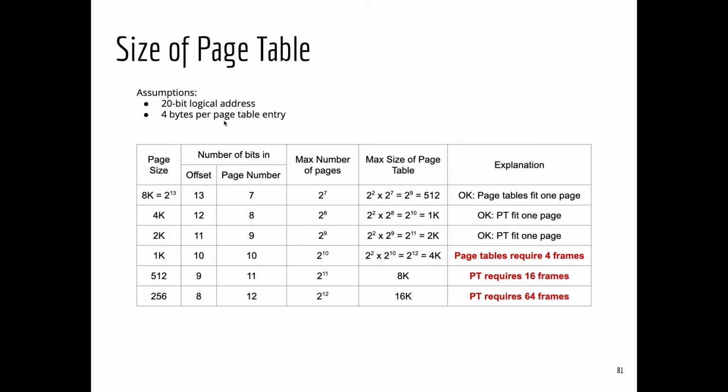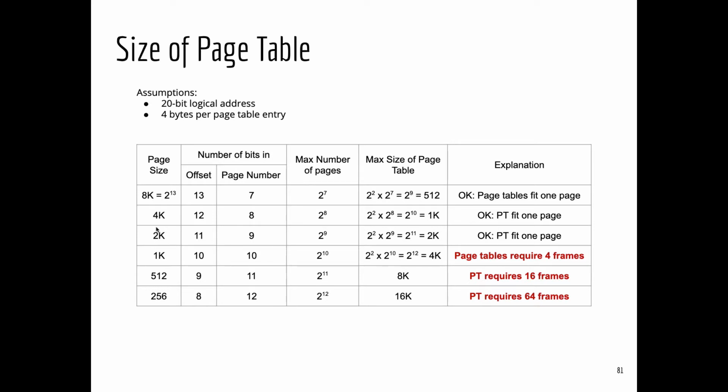If each entry requires 4 bytes, we do the same math, and we can see the maximum size of your page table can be as high as 1K. But with a page size of 4K, 1K is still smaller than a single page, so we don't see any problem.